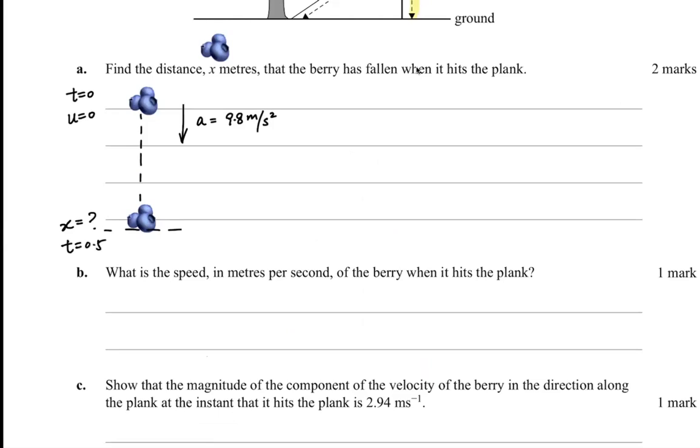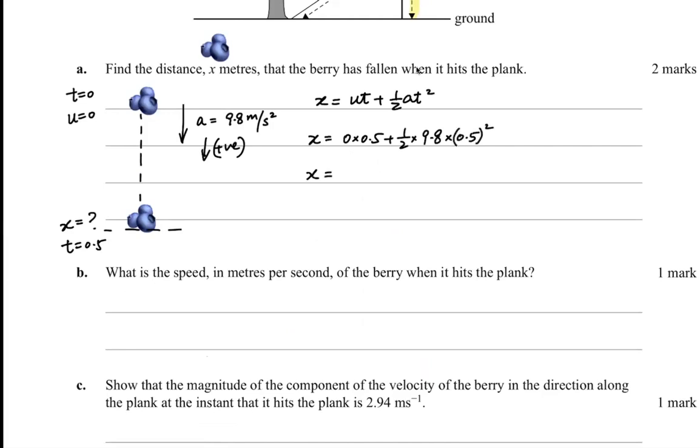T equals 0.5. X equals ut plus half at squared. Notice that I treat downwards as the positive direction. X is 0 times 0.5 plus half times 9.8 times 0.5 squared.